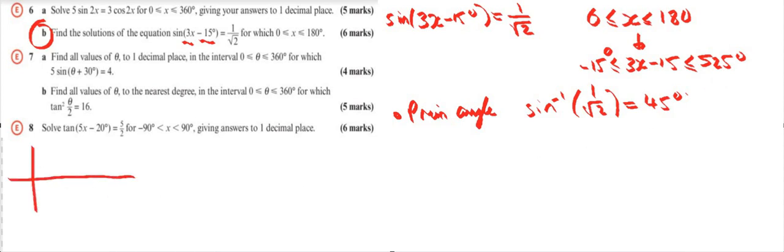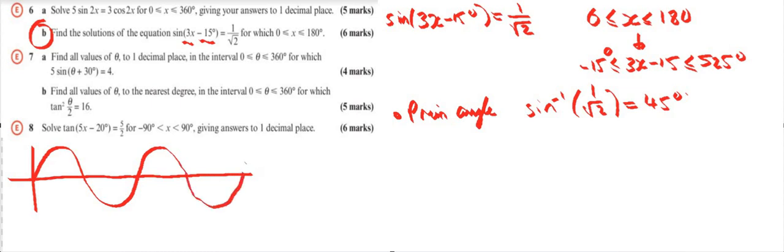So I go to 360, I have to keep going, and that is 720. There's my 360, there's my 180, here's my 540.